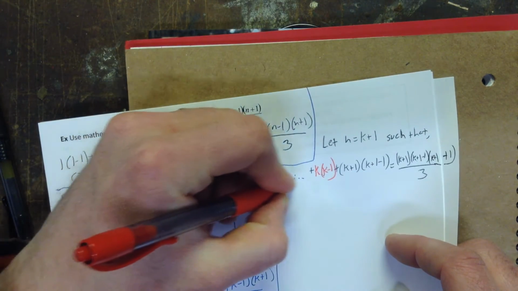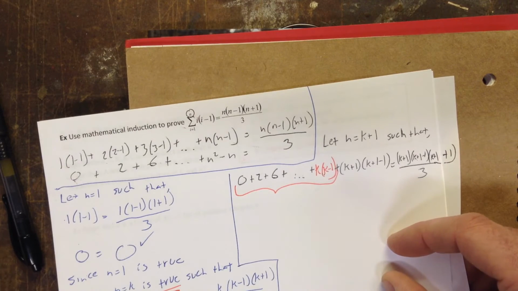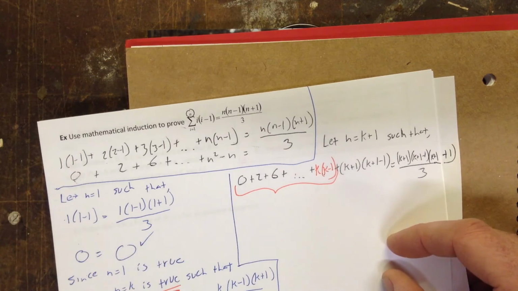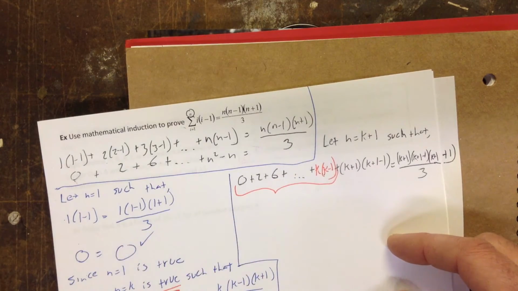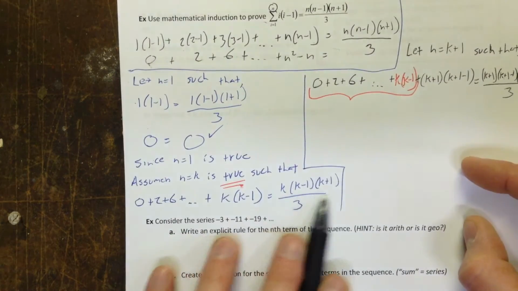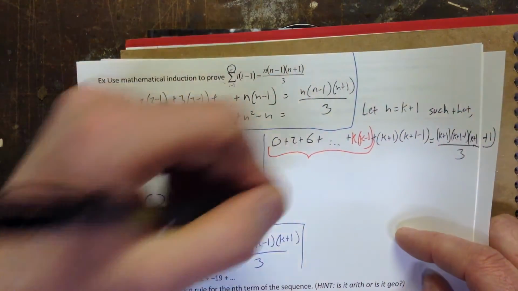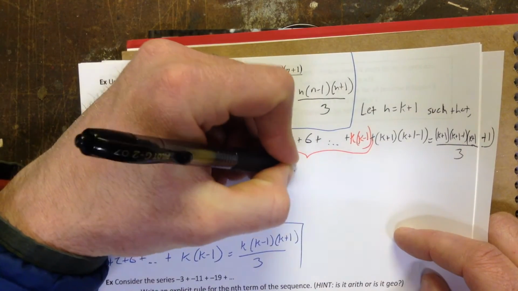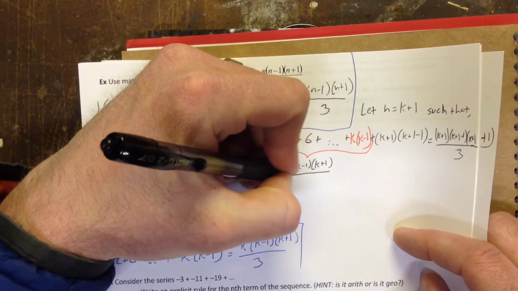This chunk of facts right here, that is something that I know about, and I can use that fact to help me out. Specifically, I know that if I start at 0 and go all the way up to k times k minus 1, it's equal to this fraction. So what I can do is replace this whole chunk with the fraction k minus 1, k, k plus 1 over 3.